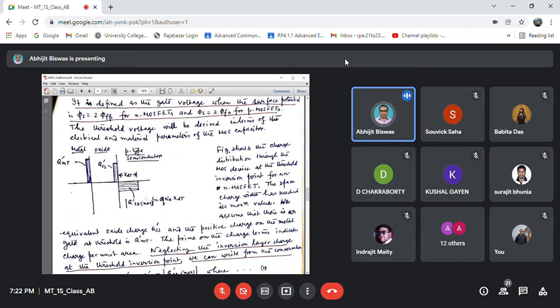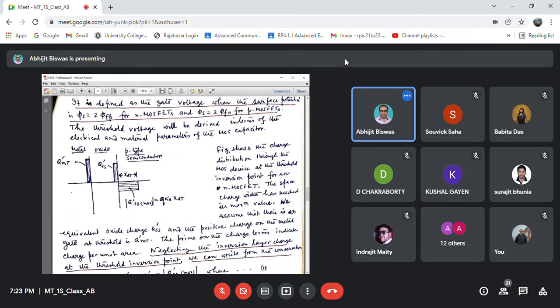Here XDT denotes the maximum depletion width. If we consider unit area at the interface, what would be the volume? Volume is XDT into 1.